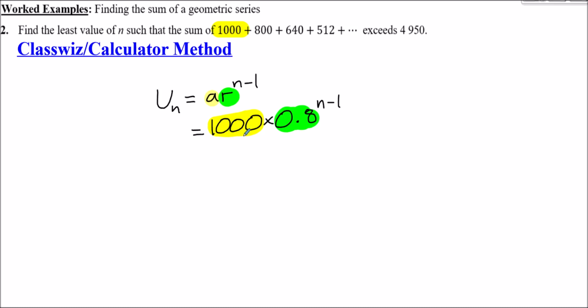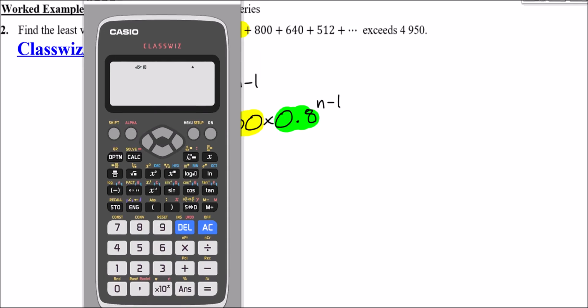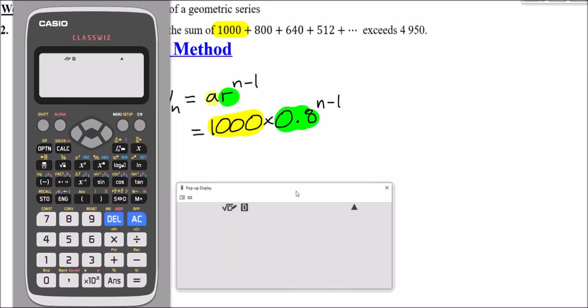So what we do, we type in this expression for the nth term using the X key, because there's no easy way of getting in the n here. So what we're going to do here is press Shift, first of all, Shift, and then X to get this sigma function up.